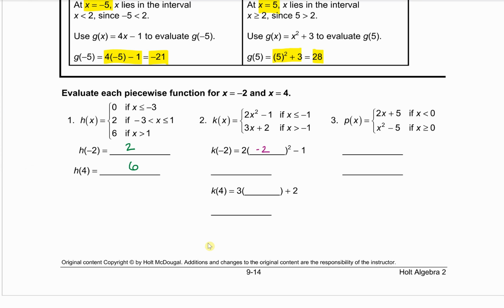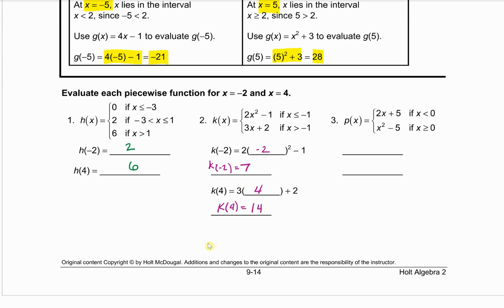So 2 times negative 2 squared minus 1, that's 4 times 2, that's 8 minus 1, that is 7. So k of negative 2 is 7. 4 is greater than negative 1, so I'm going to use 3x plus 2. Plug 4 into 3x plus 2. 3 times 4 is 12 plus 2. K of 4 is going to equal 14.